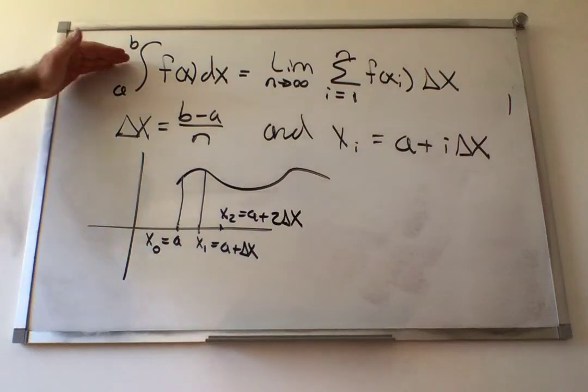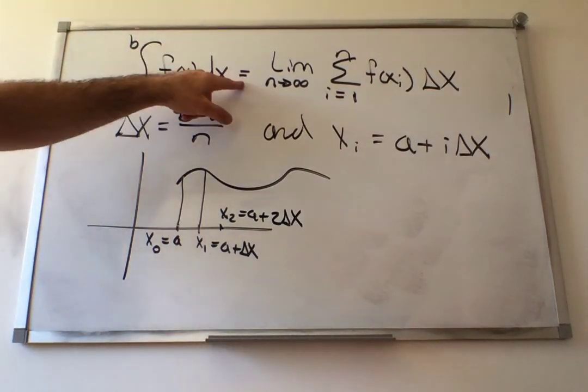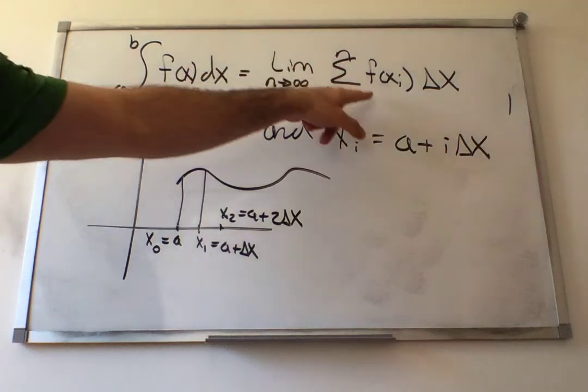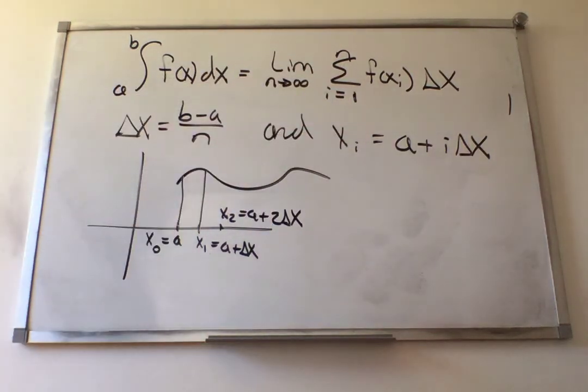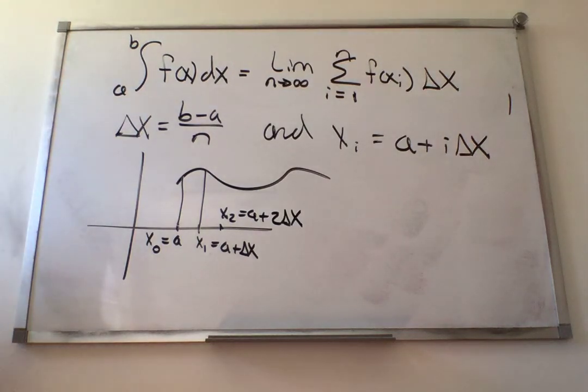So what this is saying is that if you have the integral, you could always rewrite the integral as a sum of a right endpoint approximation. You could write a similar definition where it's a left endpoint approximation, but we're going to use this fact in the next section to prove something essential to calculus called the fundamental theorem of calculus.